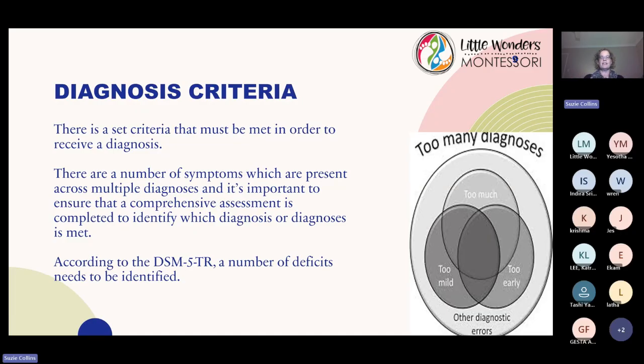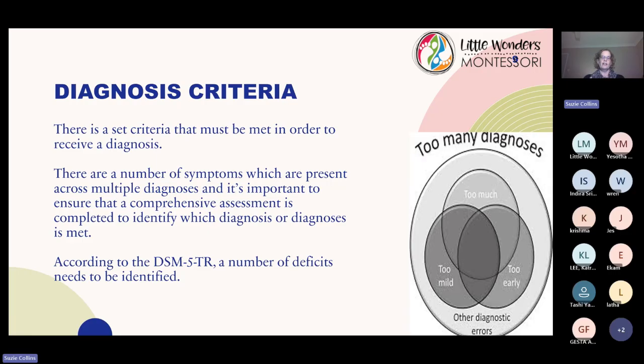So it's really important that the child receives a comprehensive assessment, so that we can identify which specific disorder might be going on for that particular child, or perhaps there might be a couple of them existing. It's really important that those diagnoses are made correctly, because different diagnoses have different treatments and also different medications around them.